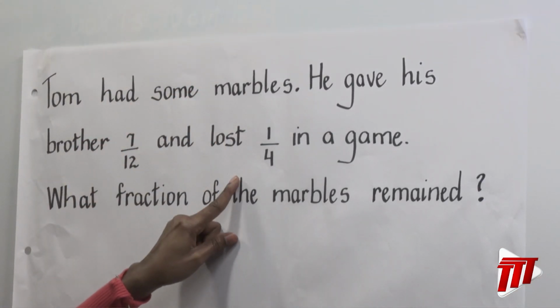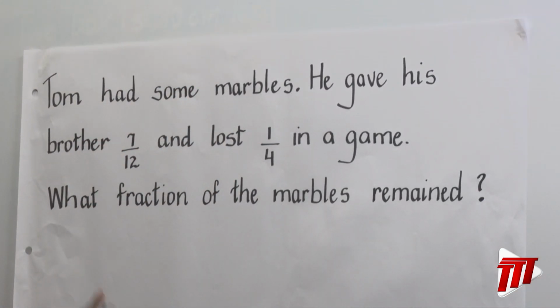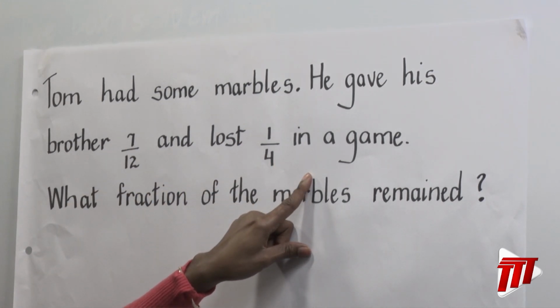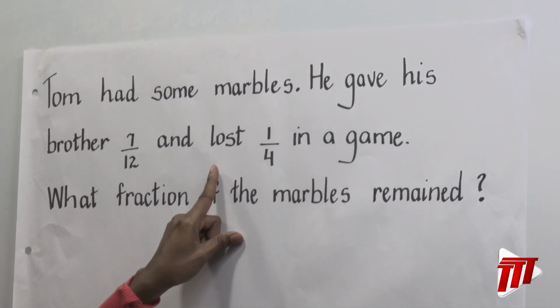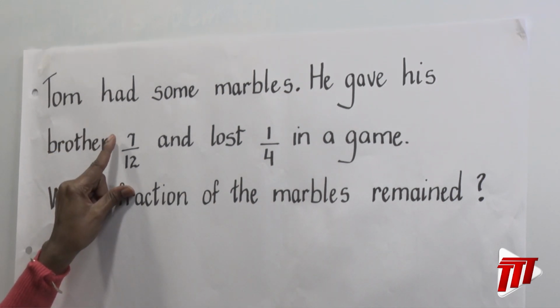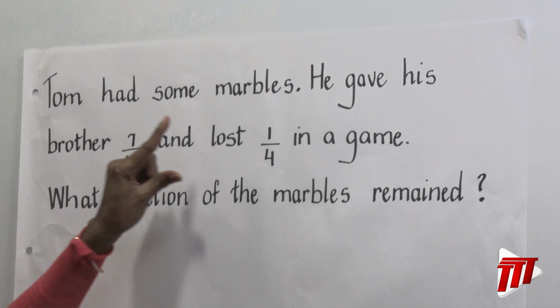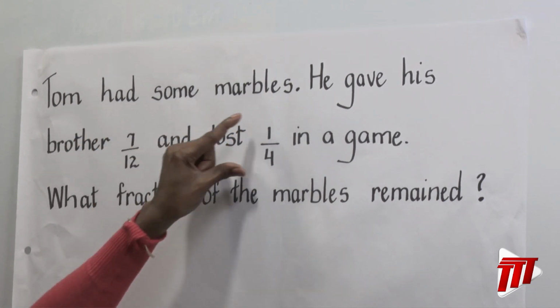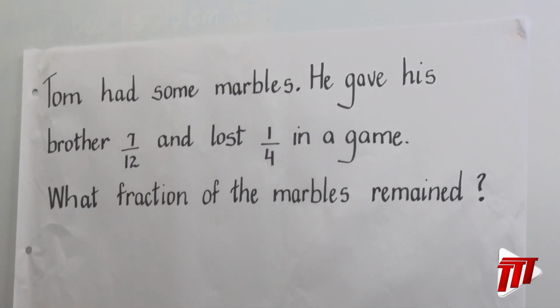He gave his brother 7/12 and lost 1/4 in a game. It means that he no longer has the fraction which he gave his brother and the fraction which he lost. So together, this is what Tom no longer has.